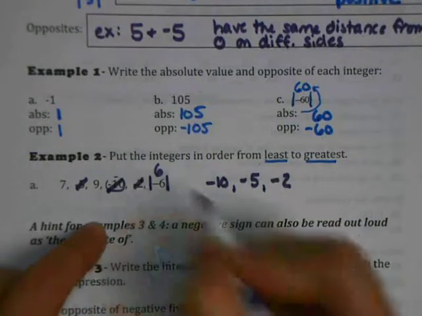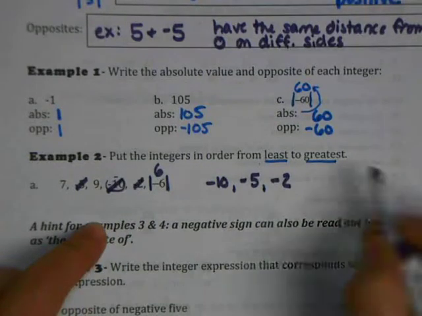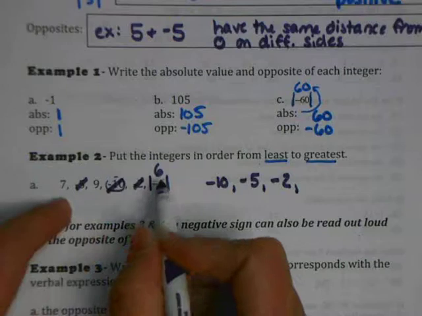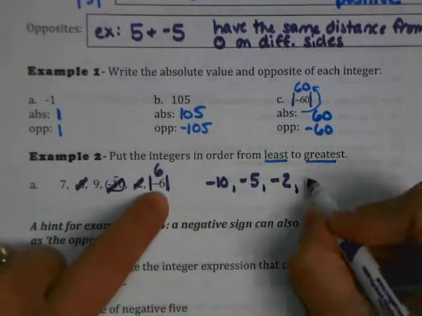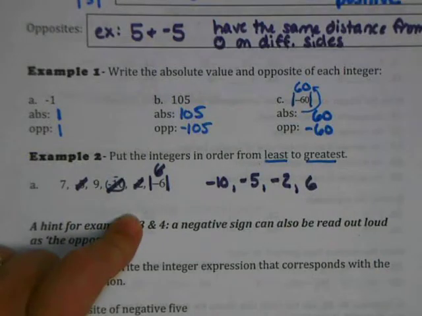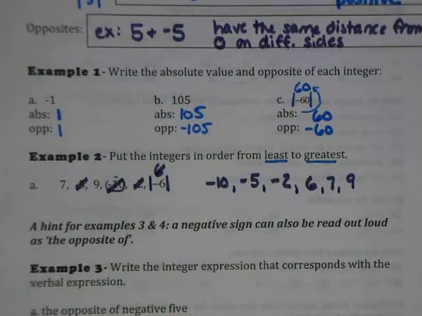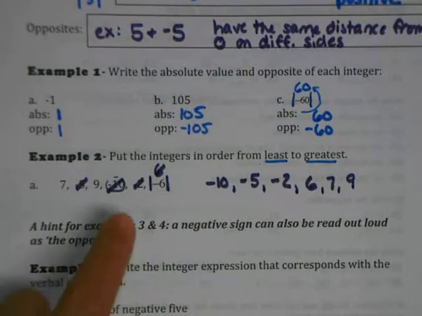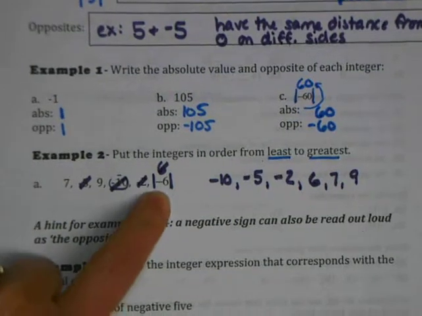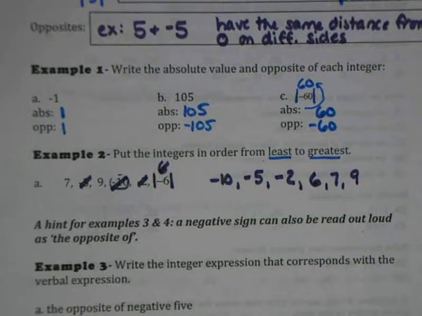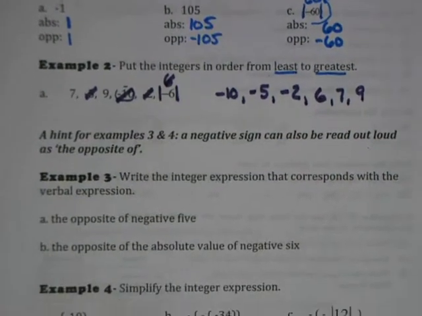So those take care of all the negative numbers. And then we go to the positive ones to get bigger here. Let's see, what's our smallest positive number? That would be our 6 that we figured out right up here. Then we've got 7, and we've got 9. So we put them in order from least to greatest, making sure we took care of figuring out what that absolute value really meant. Okay, this was where it gets kind of crazy.